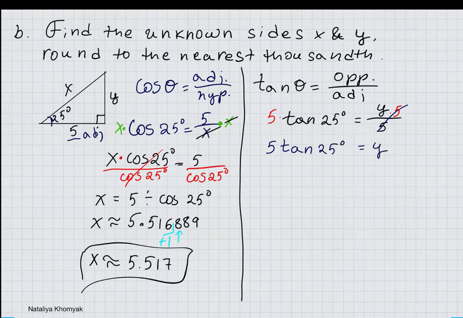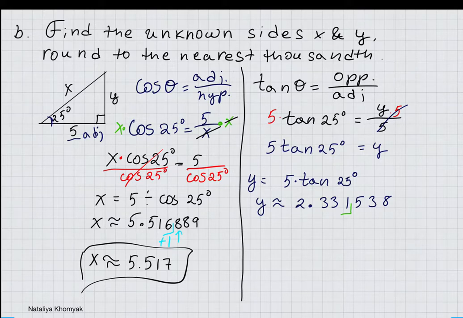So on your calculator, plug in 5 times tangent of 25 degrees, and I get y is roughly 2.233153 8, and it keeps on going. We need to round off to the nearest thousandth, which is 3 decimal places, so we're going to cut off here.